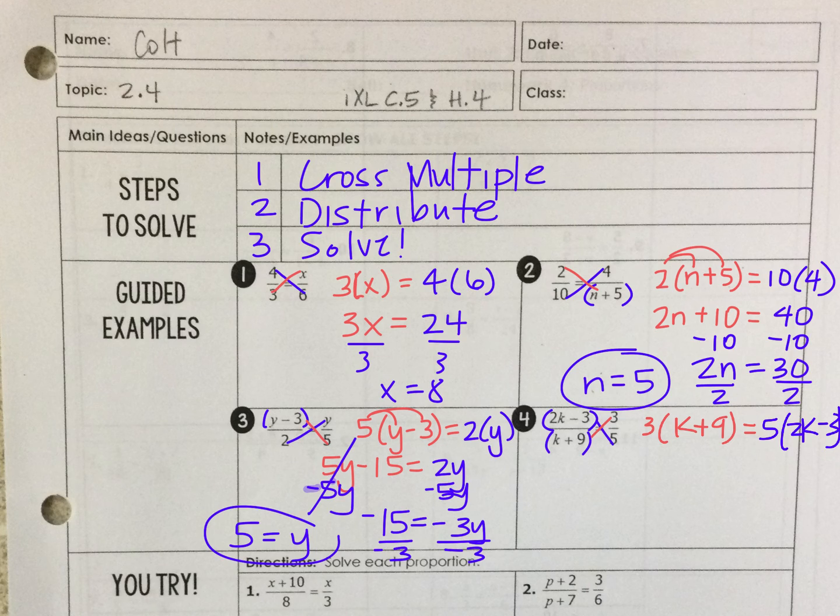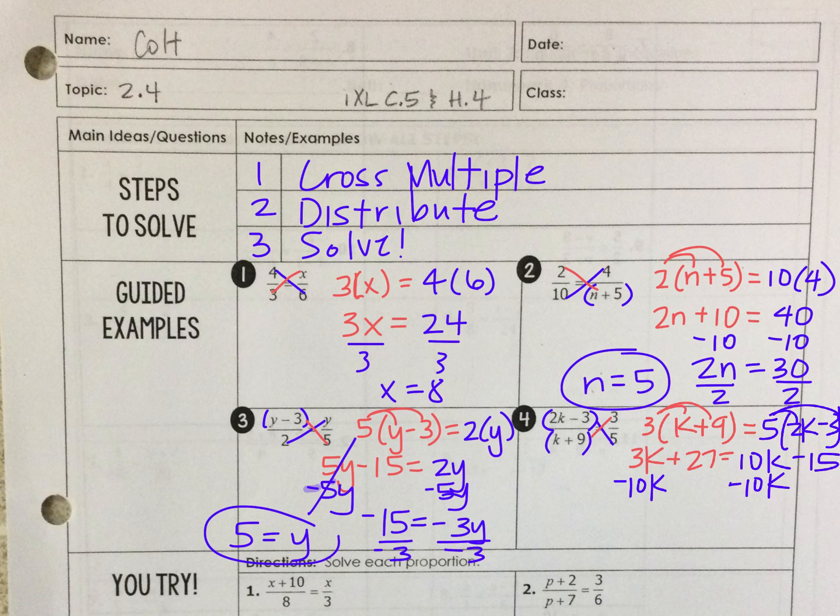All right, we got to distribute over in the red. 3k plus 27 equals, now I got to distribute the purple. 10k minus 15. All right, now I'm going to move this k to be with the other one.